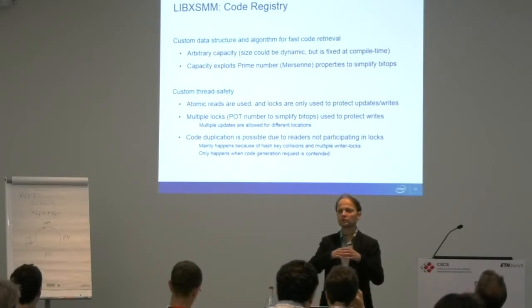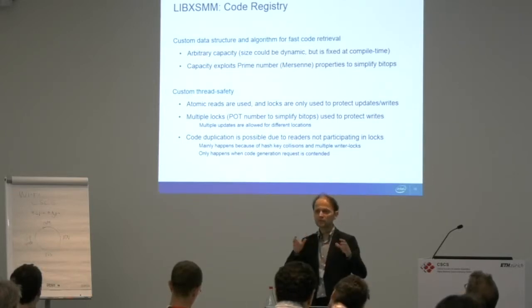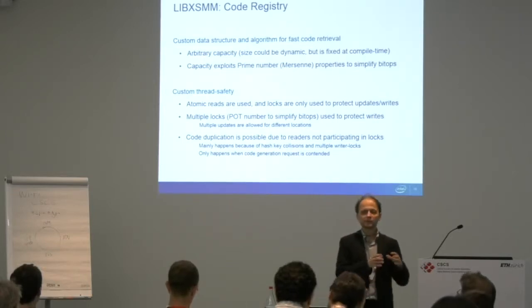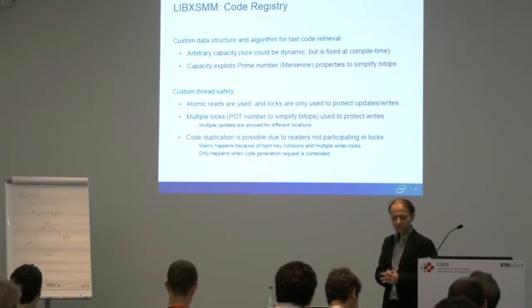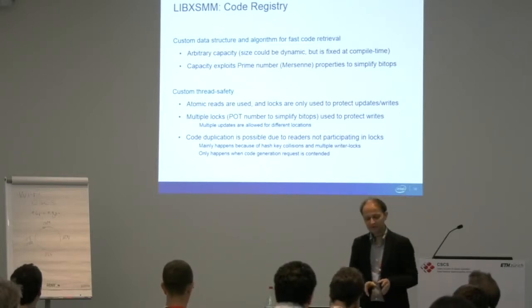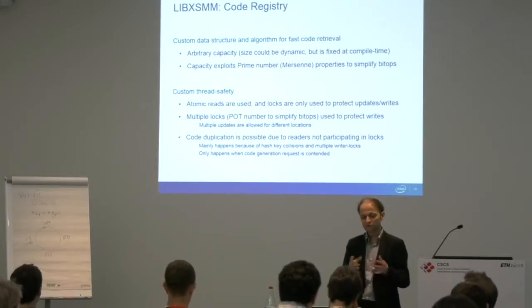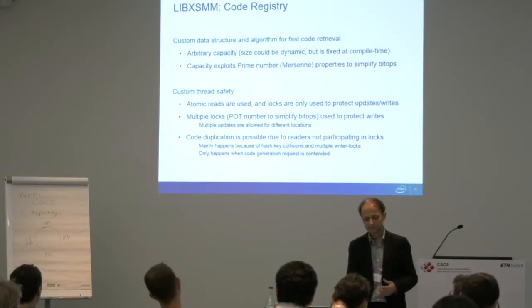So we minimize the number of hash key collisions by having a reasonable size plus a reasonable hash function. And then we exploit properties like Mersenne prime numbers to simplify certain bit operations and actually achieve this kind of query speed.